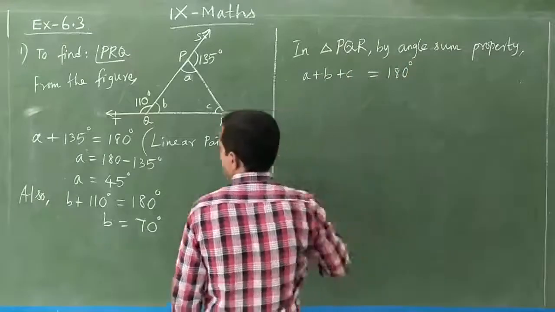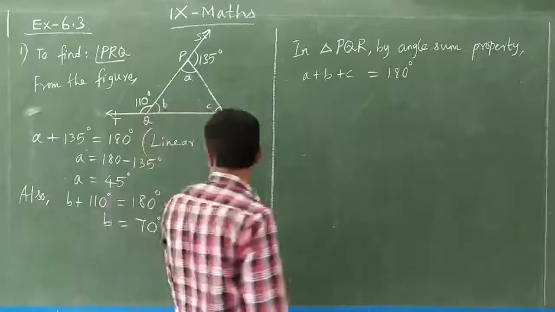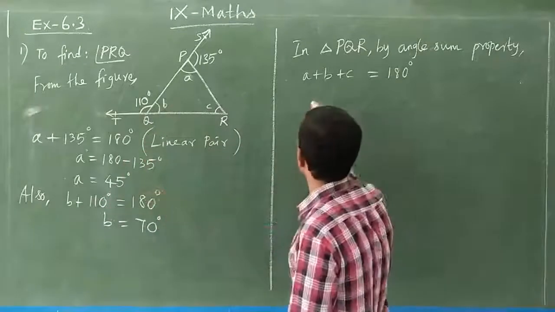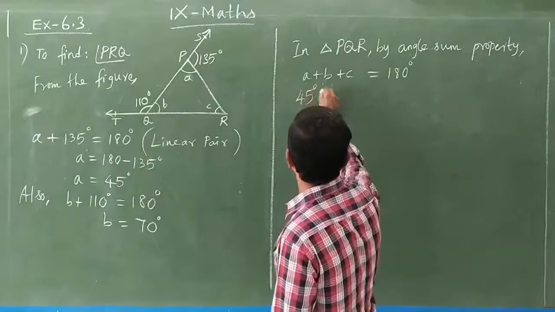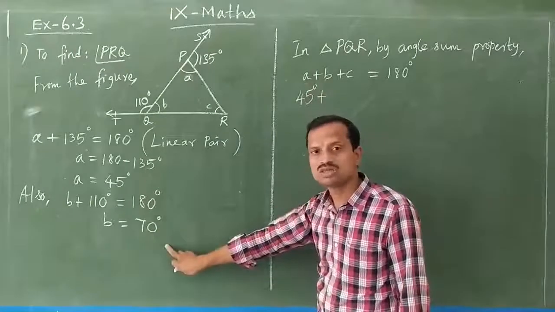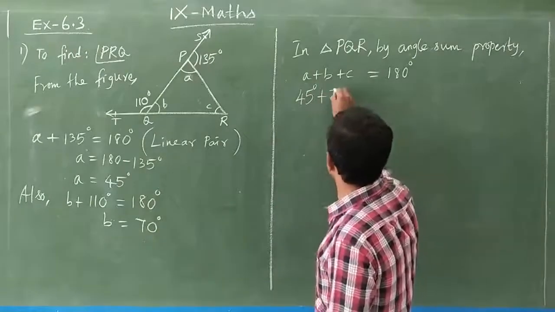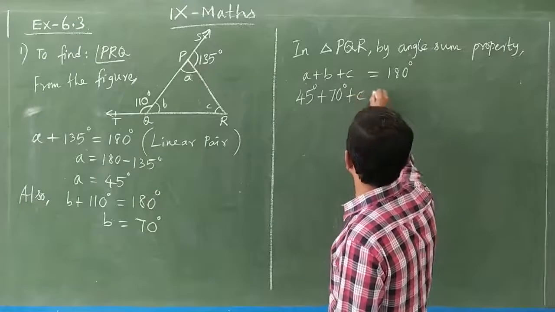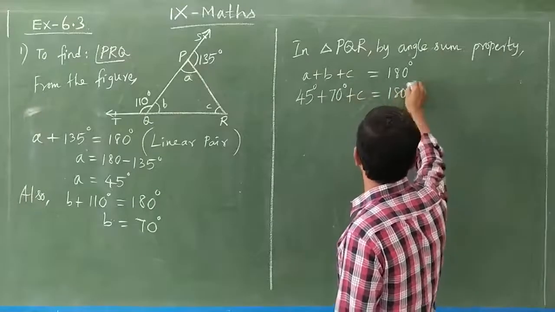So what is A? We already found it, that is 45 degree. So you can write 45 degree plus what is angle B? 70 degree. So you write 70. And then C equal to 180 degree.